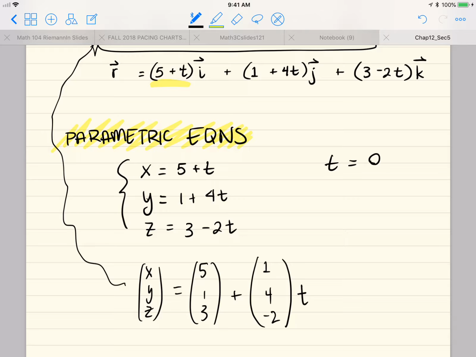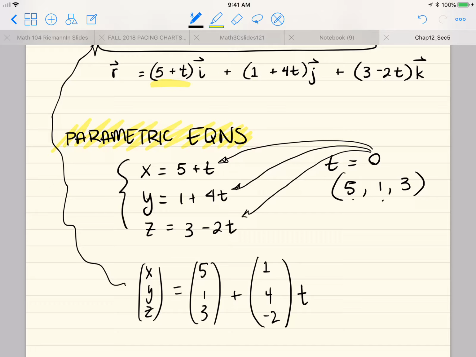We already know the point we should get is going to be 5, 1, 3. So all I did was plug in t equals 0, right? If I plug in t equals 0 here, I'm going to get 5, here I'll get 1, and here I'll get 3. At t equals 1, what do I get? I will get 6, 5, 1. And then at t equals -1, I will get 4, -3, 5.